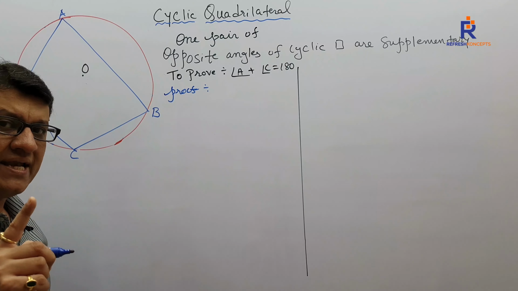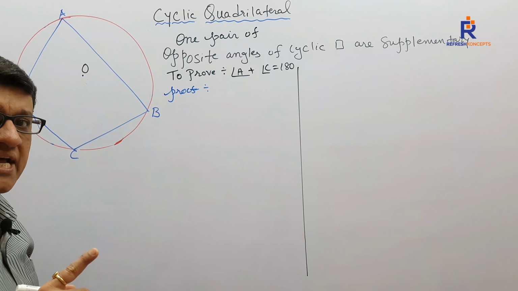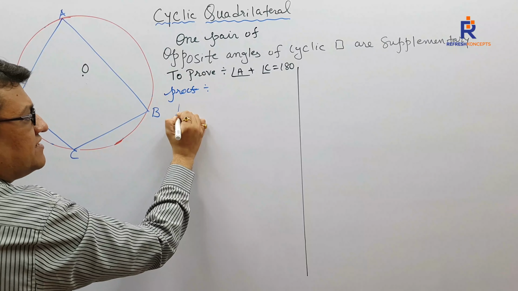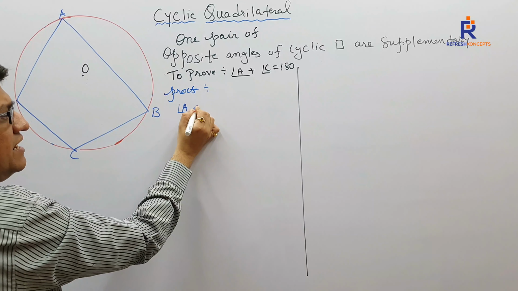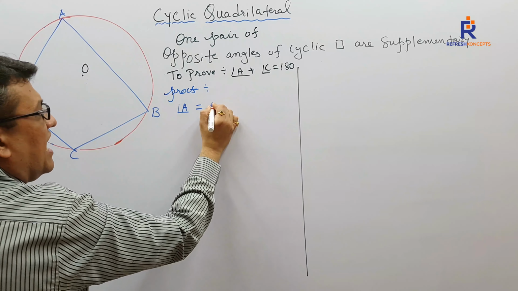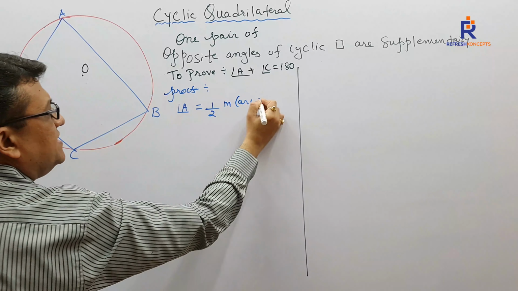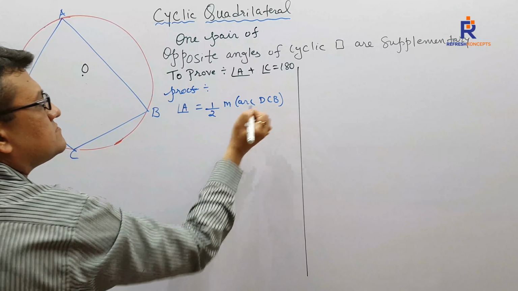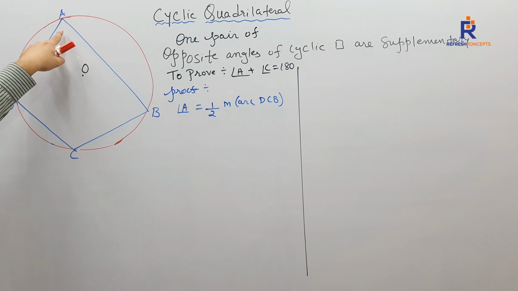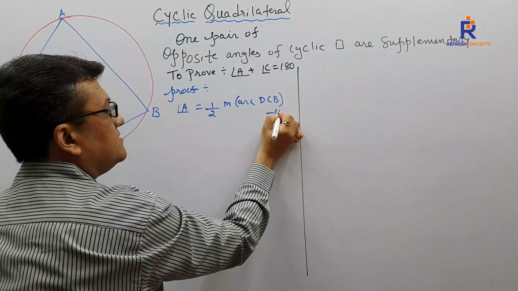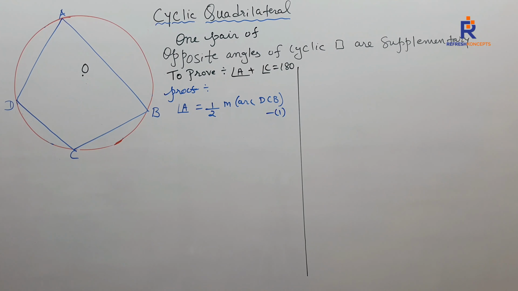Did we learn that an inscribed angle is half the intercepted arc? So can I say, in a very short way, angle A is half of measure arc DCB. Inscribed angle is half of the intercepted arc. This is equation number 1. On the same lines, what is angle C?